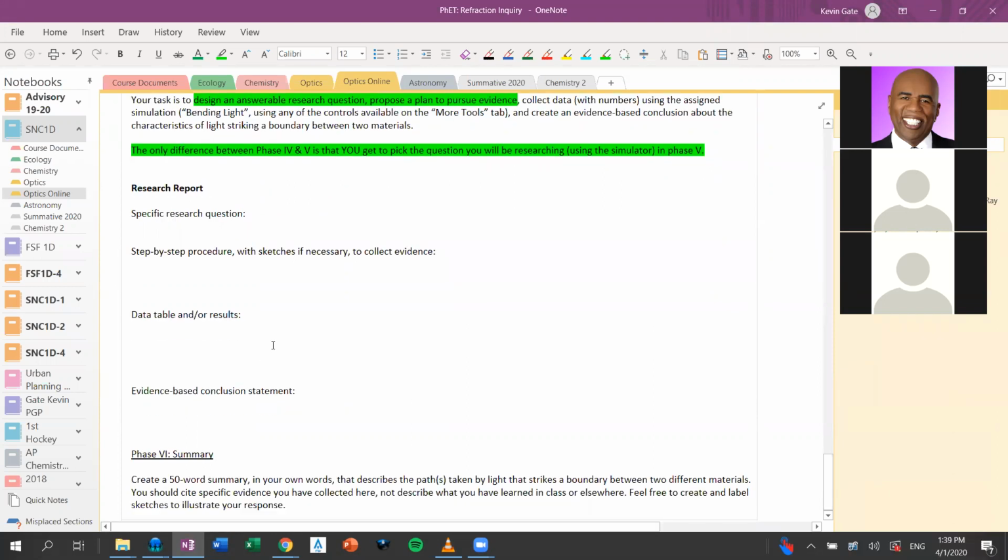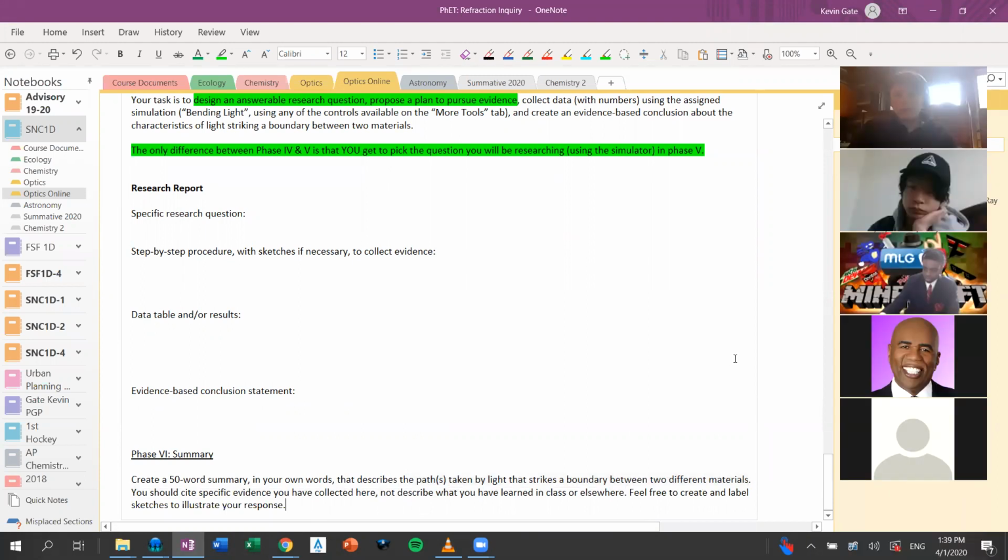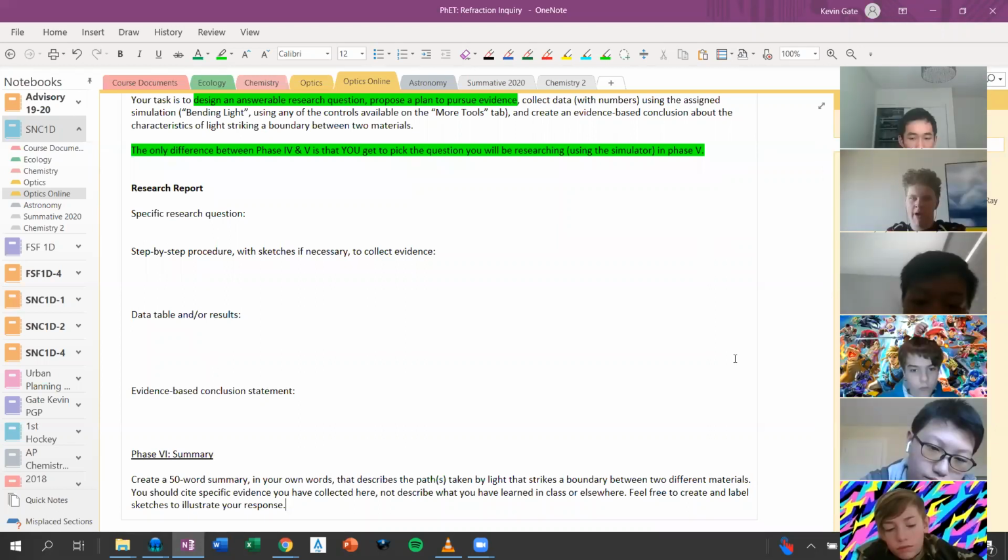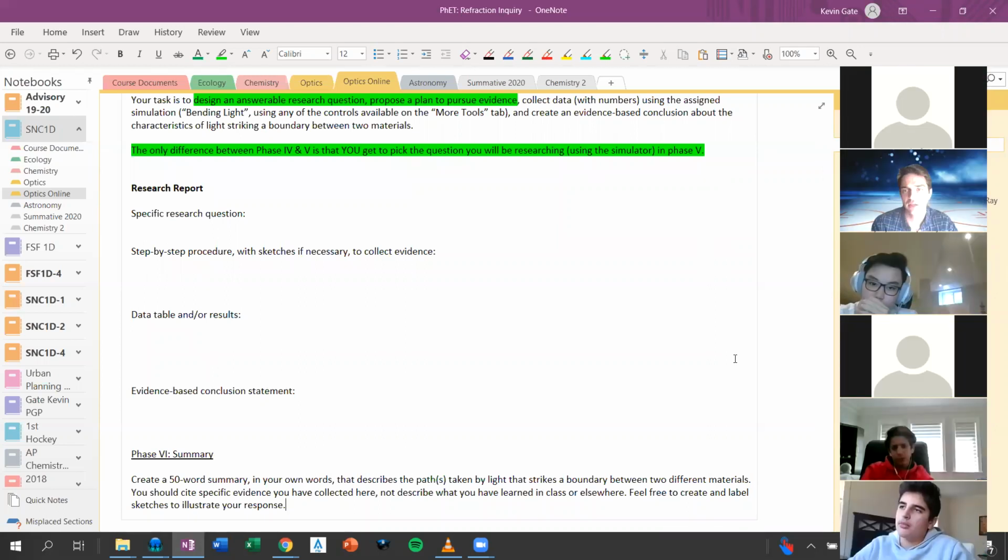Once you're done, you're gonna do a summary, a 50-word summary. All you're gonna do is discuss the path that light takes as it strikes a boundary between two different materials. Be specific and use the information from the lab that you've conducted in this online simulation to answer it. Okay, so don't go looking for outside resources and copy and paste YouTube videos.